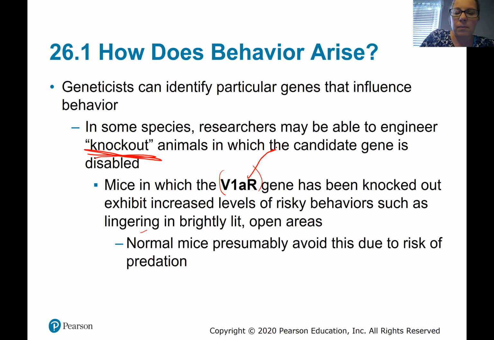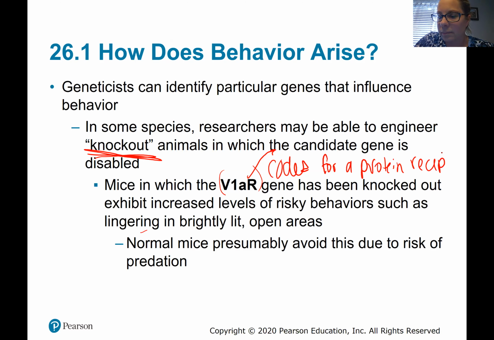This gene is one that codes for a protein, right? Remember, transcription, translation, gene expression is basically the production of proteins. This gene codes for a protein that serves as a receptor for a hormone.